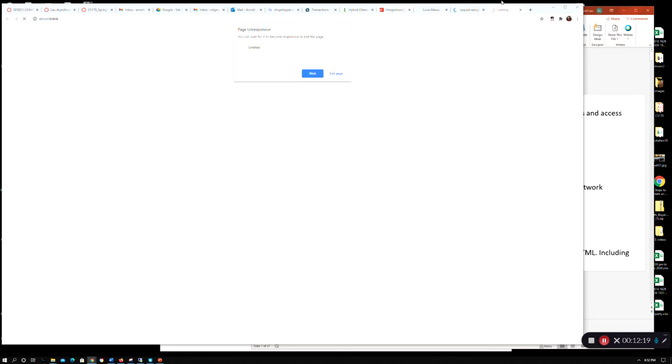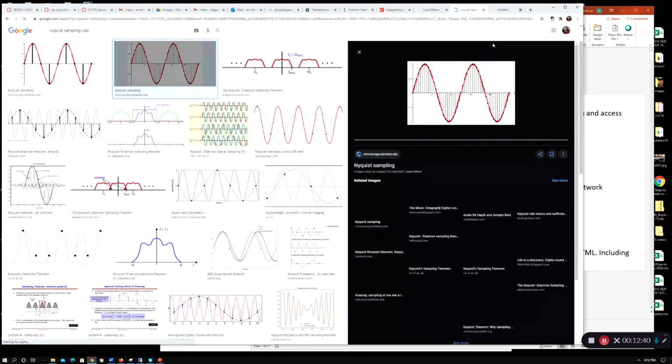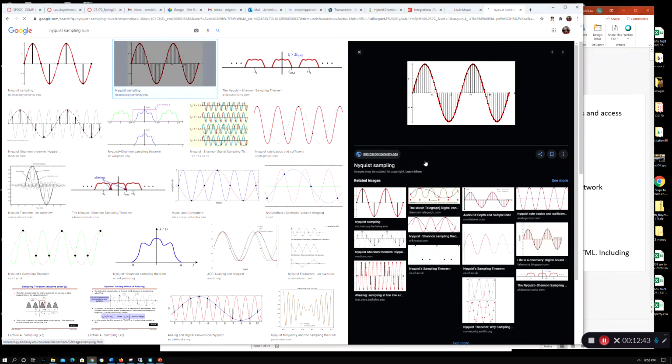Why is this so annoying? Sorry about this. My computer is very annoyingly low on memory. It's killing me. Let me see here. Is there another one?